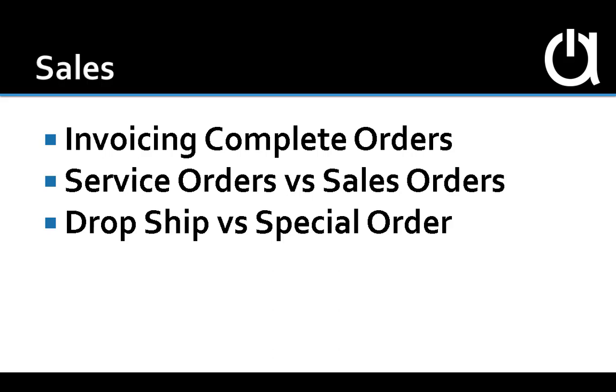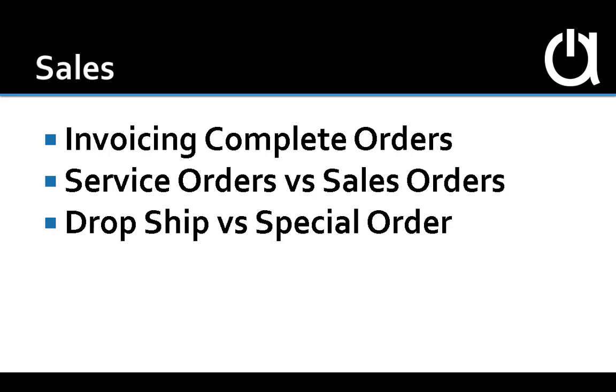So one PO can only have one ship to location. A special order PO is received into your physical warehouse with its own ship to location, while a dropship purchase order is sent directly to your customer location, which is a completely different ship to location. This means each have their own unique ship to location, so they need to have their own purchase order related to them.